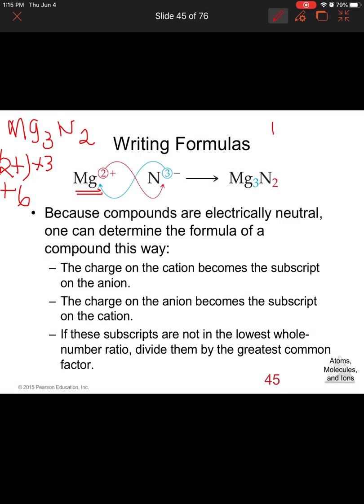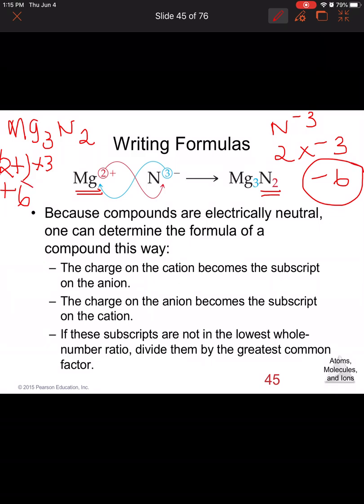And nitrogen's charge is -3. That is for one nitrogen. But in our compound, we have 2 nitrogens. So 2 times -3 makes -6. So our negative charge, -6, balances with the +6. By doing this crisscross pattern and getting the correct number of elements, you will make the charges neutral.